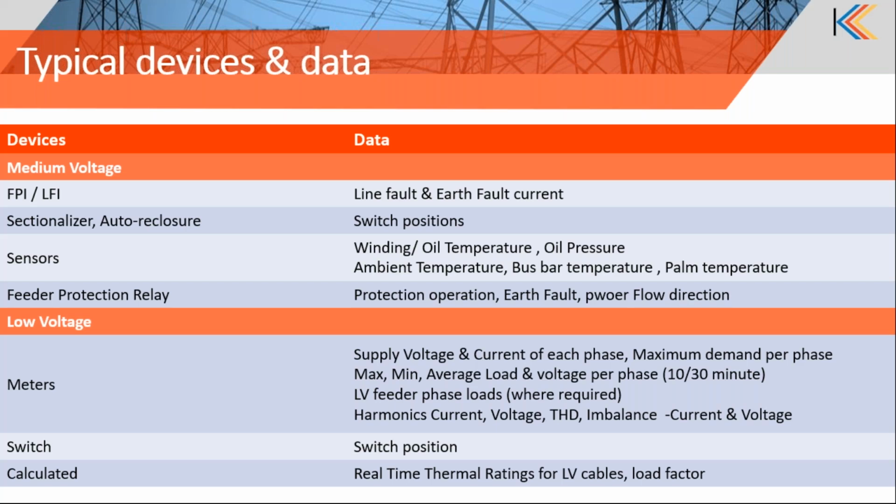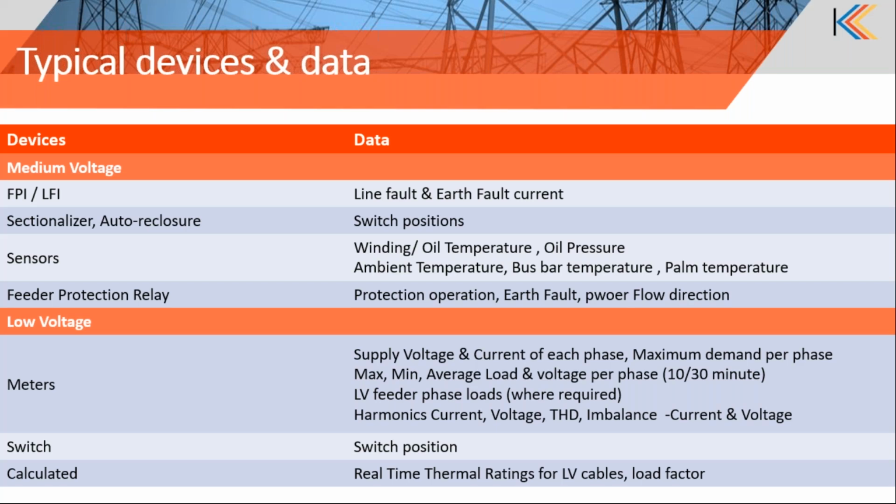And there could be switch positions on the LV side as well, which need to be monitored, and also used in calculations. For example, if the switch position is not available, you need to have some calculated logic to identify the switch position as well.